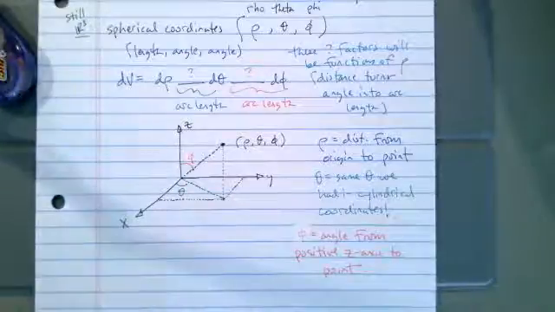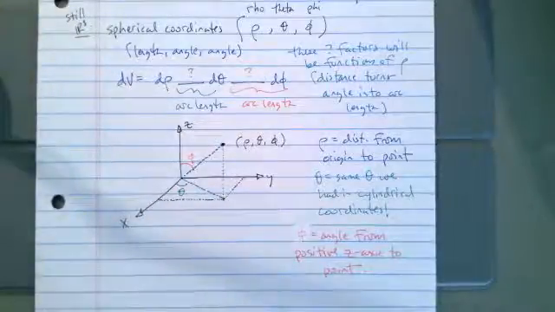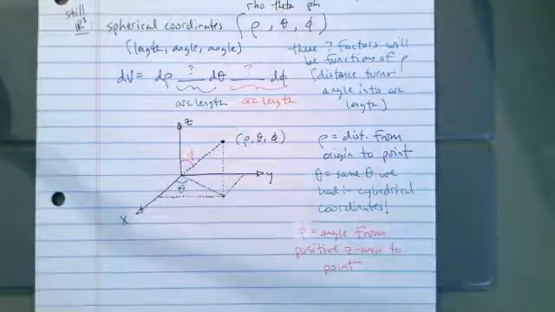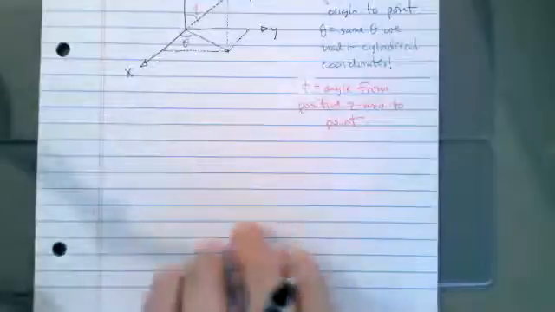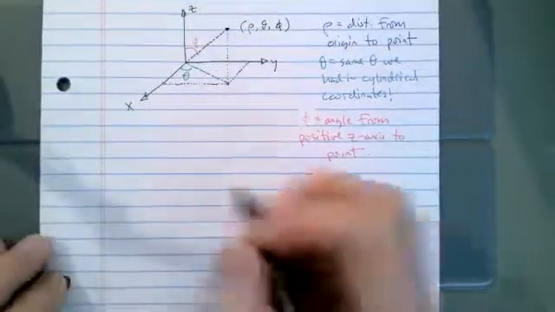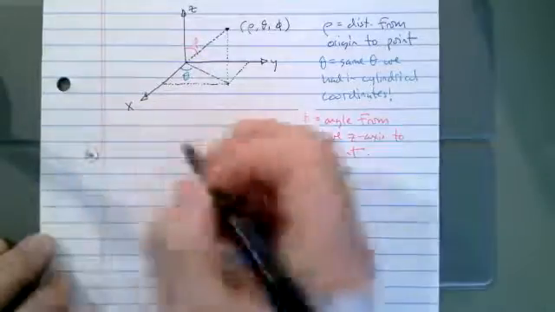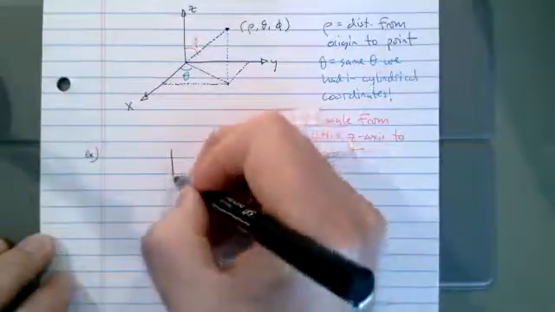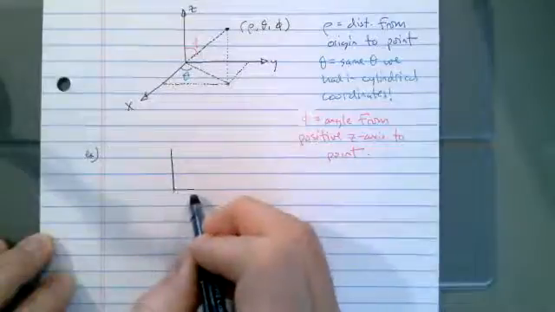Let's take a minute and plot a point and then figure out what those rhos should be. So let's suppose that I want coordinates of a point.